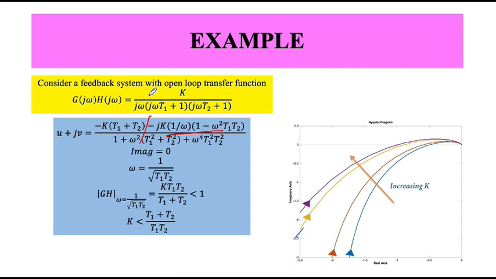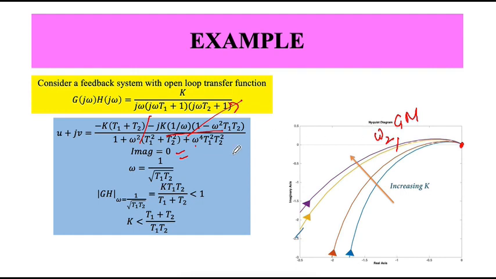If I look again at the plot which I showed, I am interested in finding the gain margin. So this would be omega 2, which I defined earlier, where the imaginary part would be 0. On the imaginary axis the value is 0. When this term goes to 0 and I solve it, I get omega equal to 1 by root T1 T2, and I call this frequency omega 2.